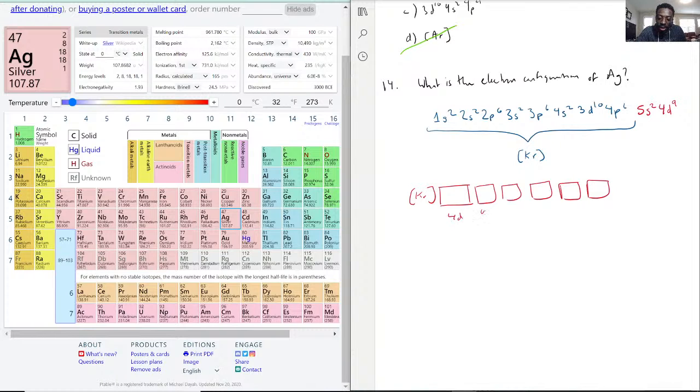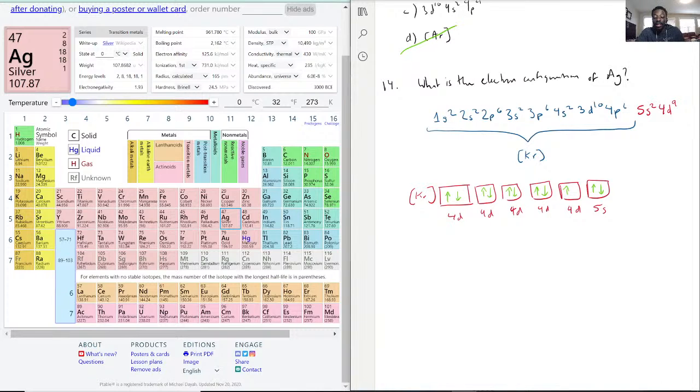So 4d, 4d, 4d, 4d, 4d. So this is a 4, not a 9. Okay, and this is now the 5s. So right now what we have is 5s2, 2 electrons spinning opposite of each other, and then 4d9. So we start like that: 1, 2, 3, 4, 5, 6, 7, 8, 9.